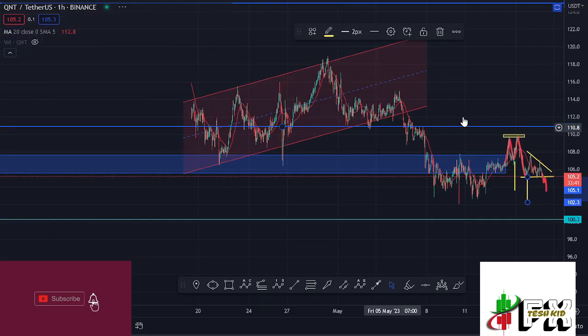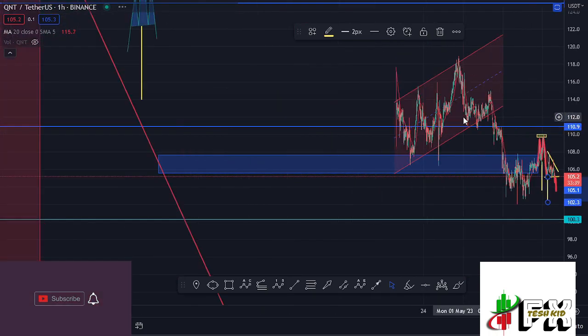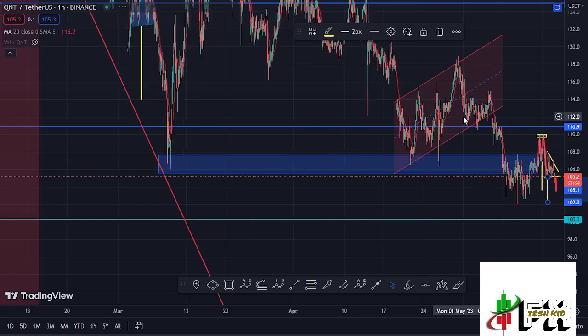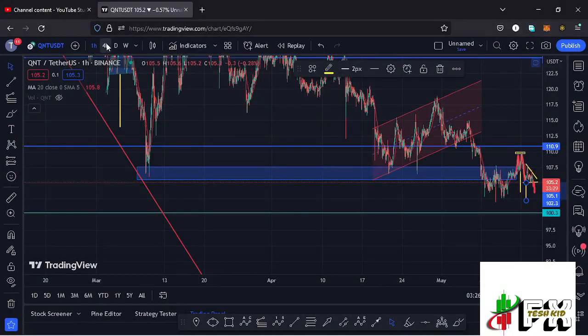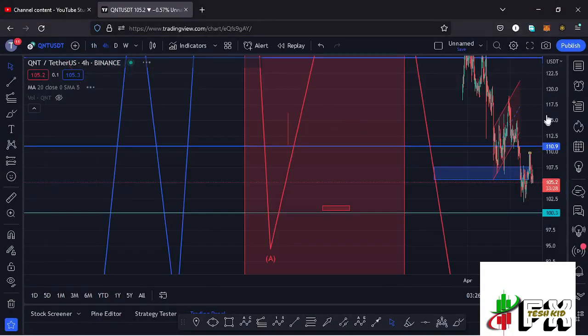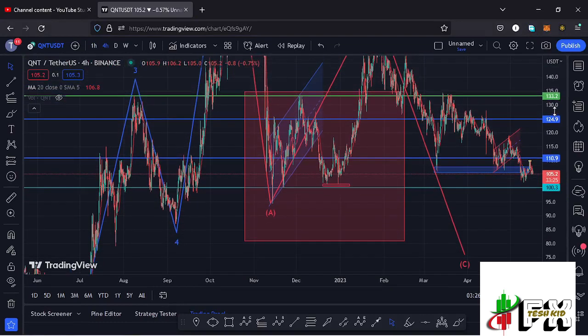And to give you my long-term expectations here on the Quant chart, I'll be basing my analysis on the Elliott wave structures, and I believe that is better seen here on the 4 hour chart. So jumping to the 4 hour chart for further analysis.